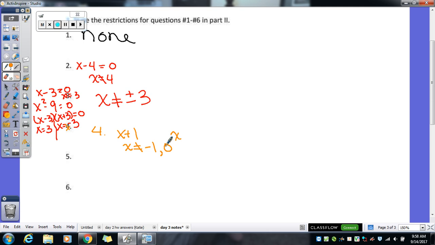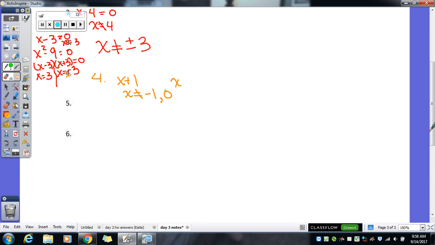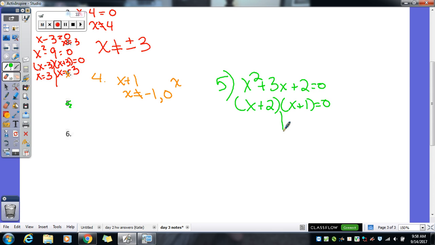So let's take a look here at number 5. Number 5 we had the big one. So for number 5 we had, I'm going to put it over here. We had a denominator of x squared plus 3x plus 2. So when we solve that one, we would factor it. What are my 2 values then that x could not equal?